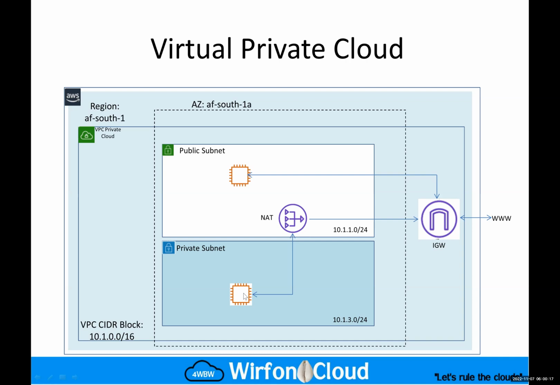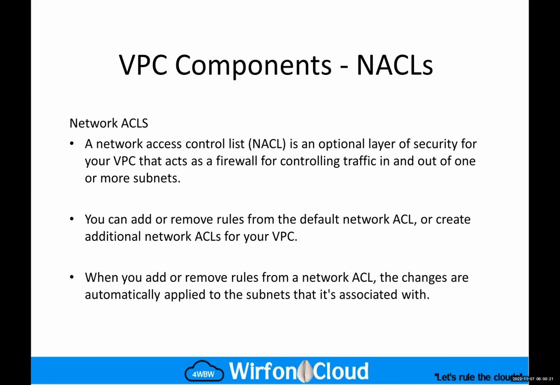Okay. So let's look at network access control lists. We have talked about components within your VPC, and we've looked at possible things that you can place in your VPC apart from the instances and resources that you create there.